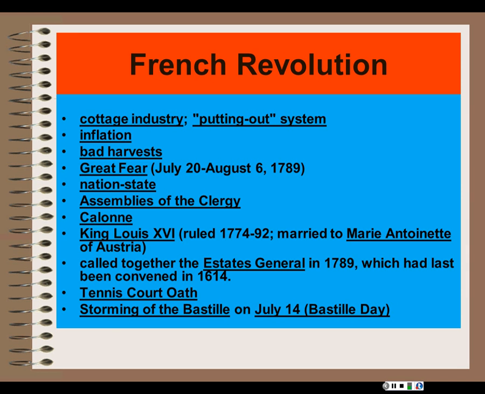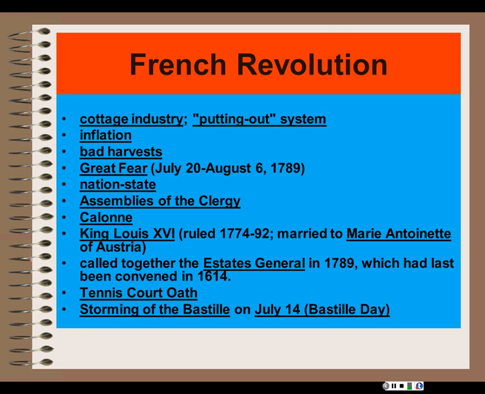Interest on the public debt alone consumed more than half the total expenditures, and much of this debt that France owed was due to their support of the American Revolution.